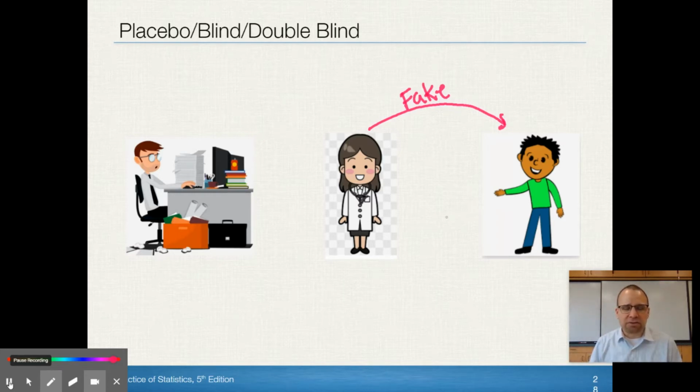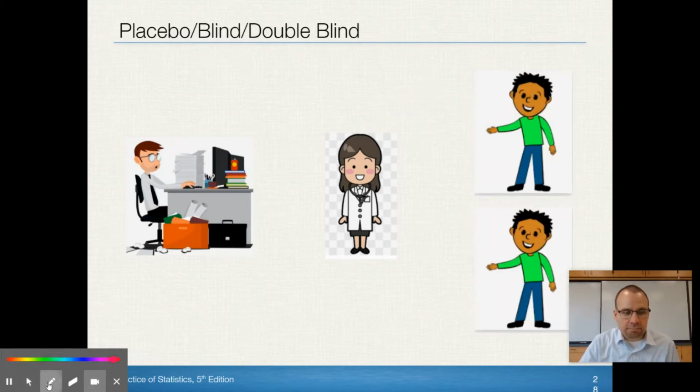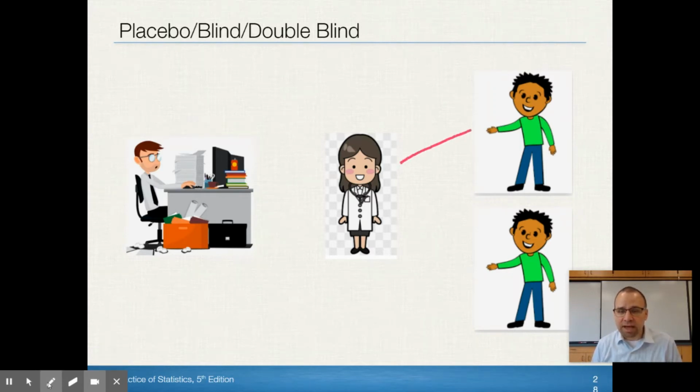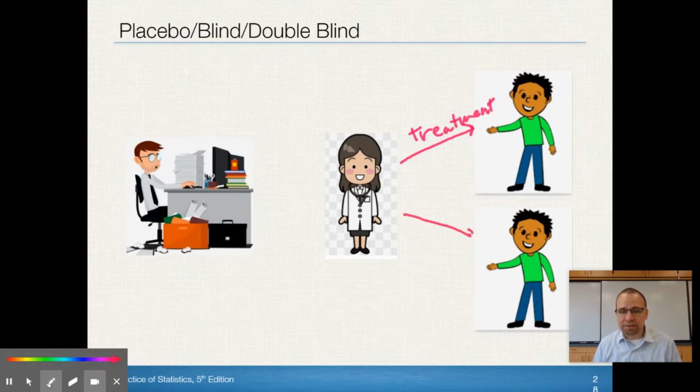So let me show you how to prevent that. To prevent the placebo effect, you could give half of your group the real treatment, and the other half what is known as the fake treatment or the placebo.